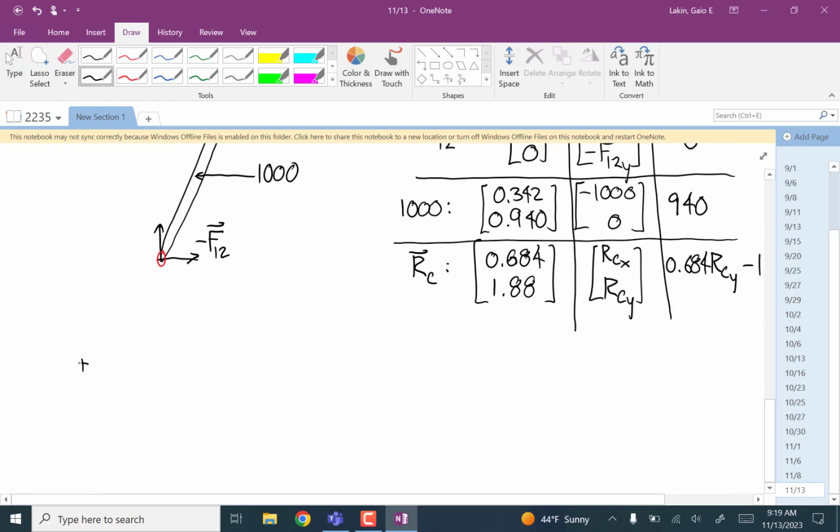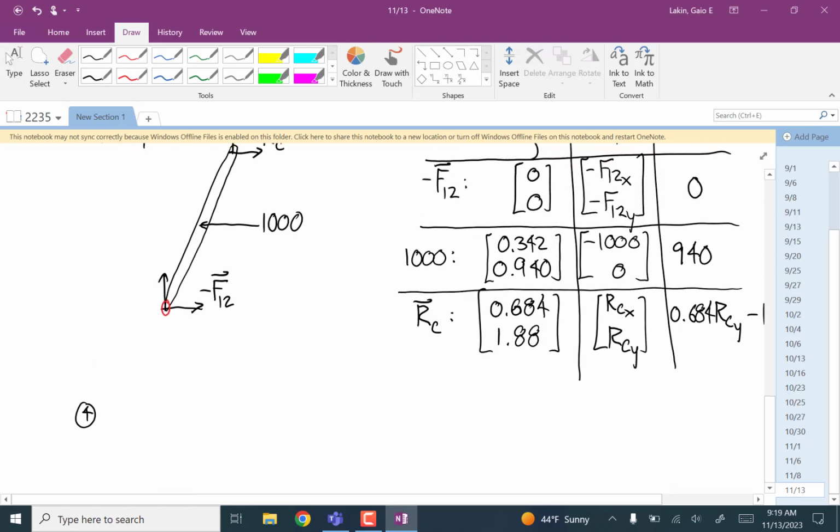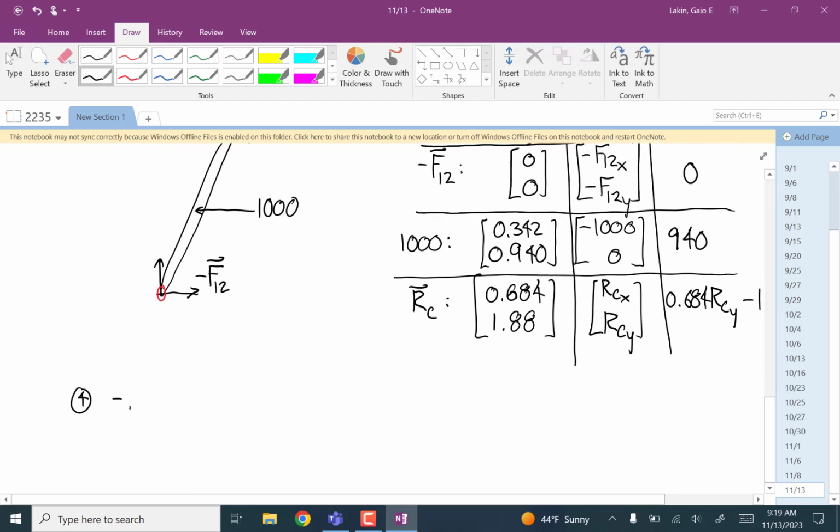And so equation 4 says negative F12X plus RCX is equal to positive 1,000. Equation 5 says negative F12Y plus RCY is equal to 0.